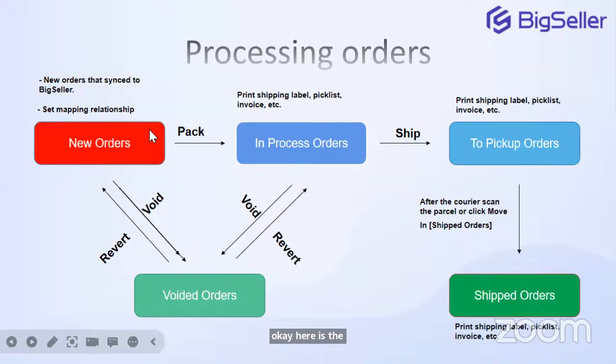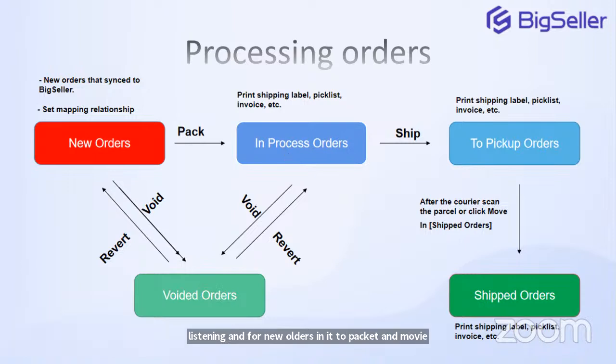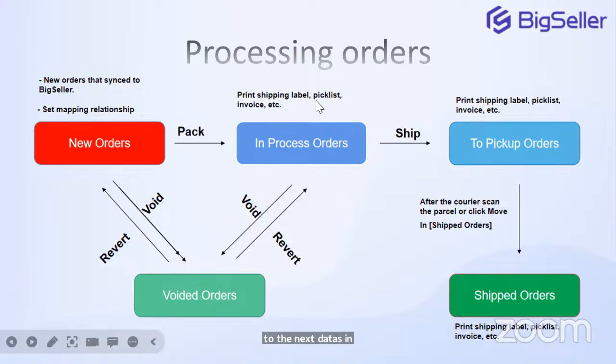Actually, in Big Seller, a new order will go through four steps. New orders are automatically synced to the Big Seller new orders listing. For new orders, you need to pack them and then move them to the next status, in-process orders. Then you can print the shipment label, pick list, and invoice in this status.